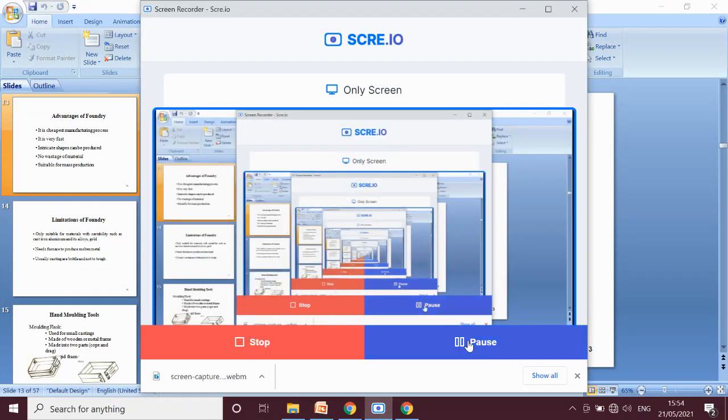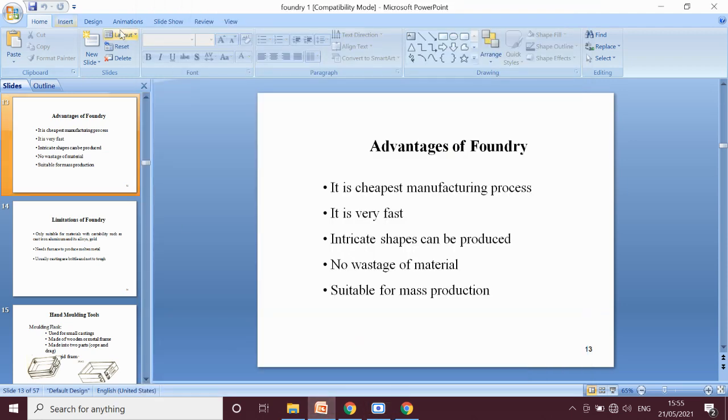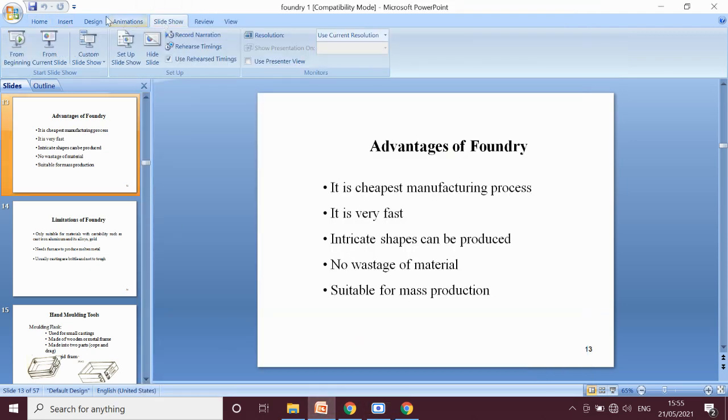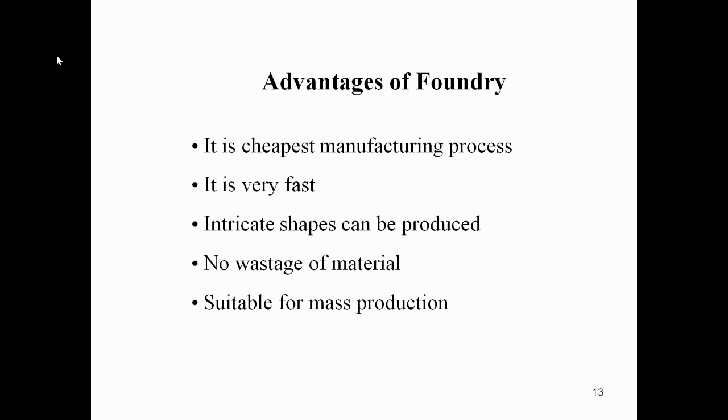There is no wastage of raw material in the foundry. Next, foundry is suitable for mass production.